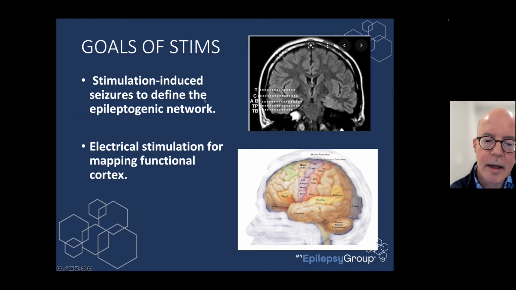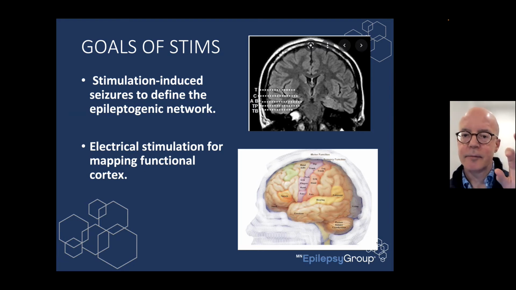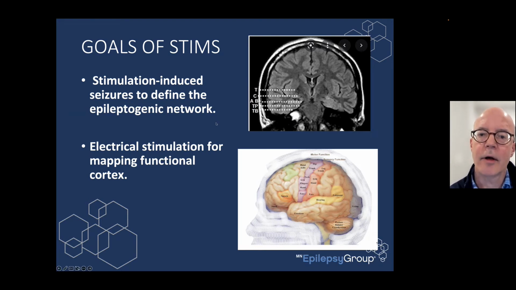So that's one goal. The second goal is to do mapping. While we're doing the stimulation, for about 5 seconds of stimulation, we have the patient tap their fingers or name items, and if that function gets disrupted, we know that's a critical area for functional cortex.